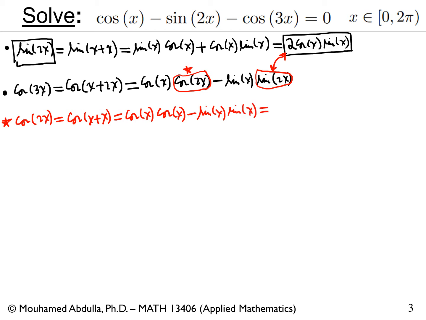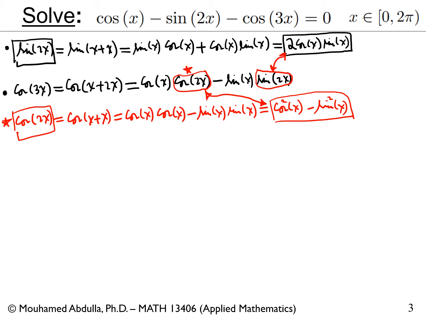Therefore you could also notice that this equals cosine squared of x minus sine squared of x. And this is a result that we could plug into the cosine of 3x expression, and hopefully this will help us to simplify this expression a bit, or at least put it in terms that look more or less identical.